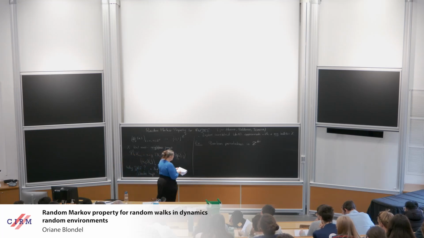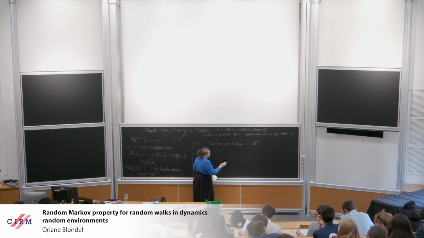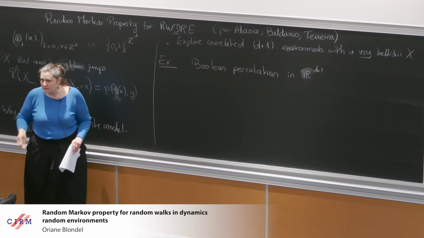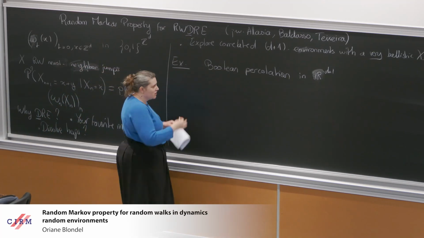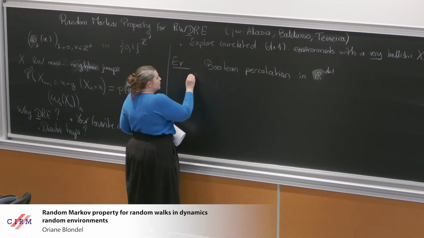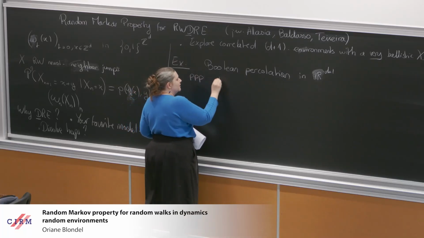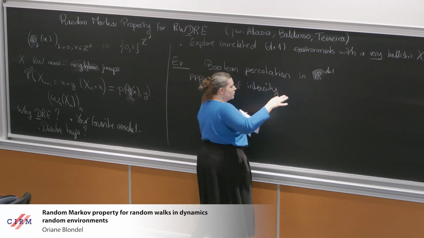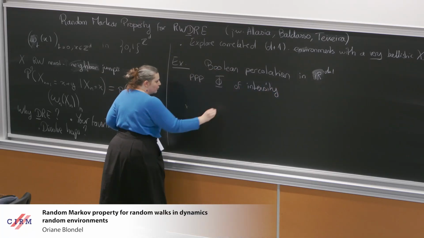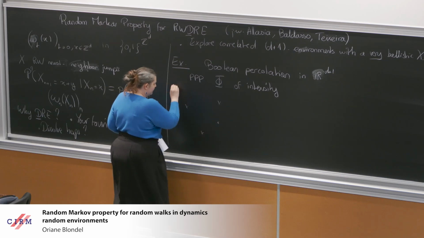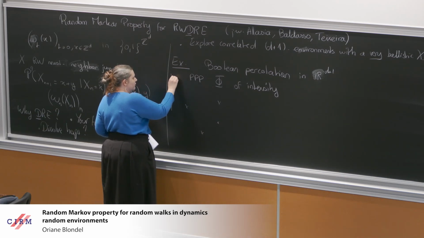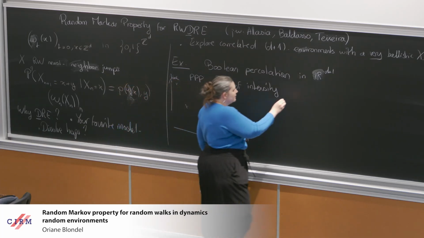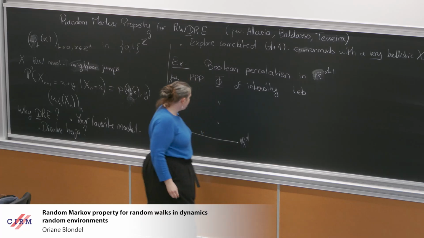The random walk is going to walk on Z^d, and the environment you can imagine lives in R^d. So we want a Poisson point process of intensity Lebesgue, where you throw a bunch of points in the space R^(d+1). This is one dimension of time, and that is R^d. So you have one intensity, which is Lebesgue in R^(d+1).